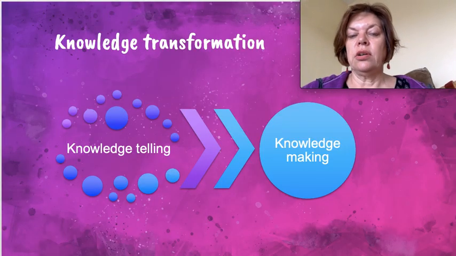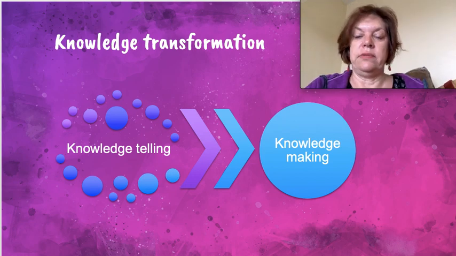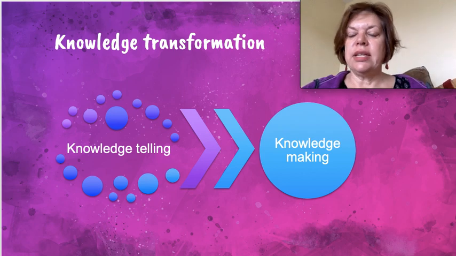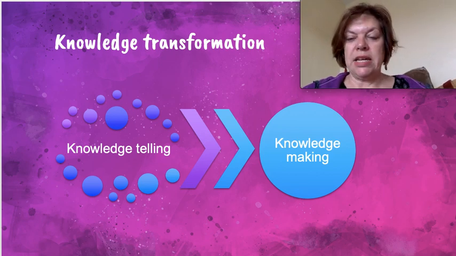So the reason why it's so complex is that we really are involved in knowledge transformation, moving from knowledge telling into producing something new. And we have to do it in this coherent, linear way from quite a chaotic world out there with multiple sources and so much information out there.